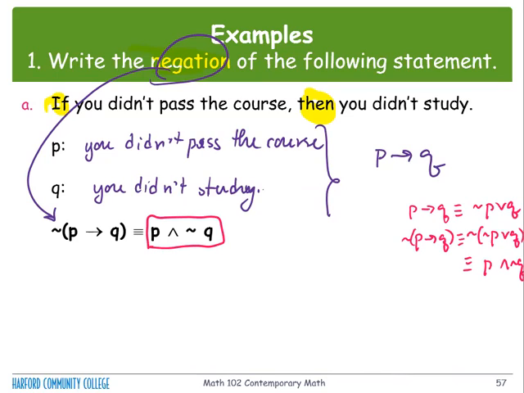Another way, the quick and dirty way, for the left compound statement, when you see the negation, we can write it as "it is not true that," followed by the original conditional statement.